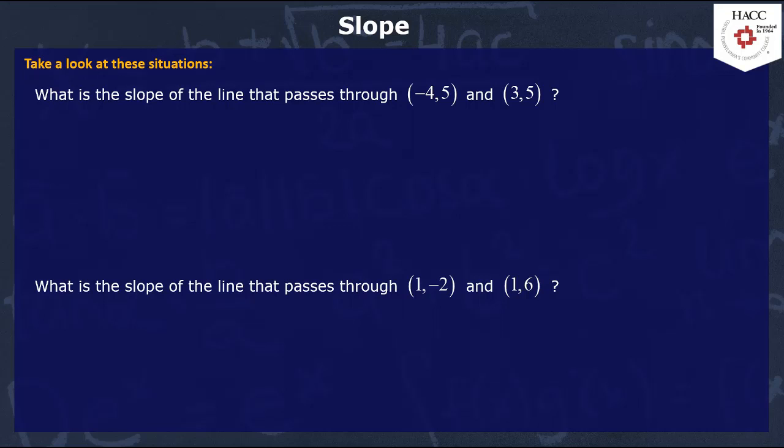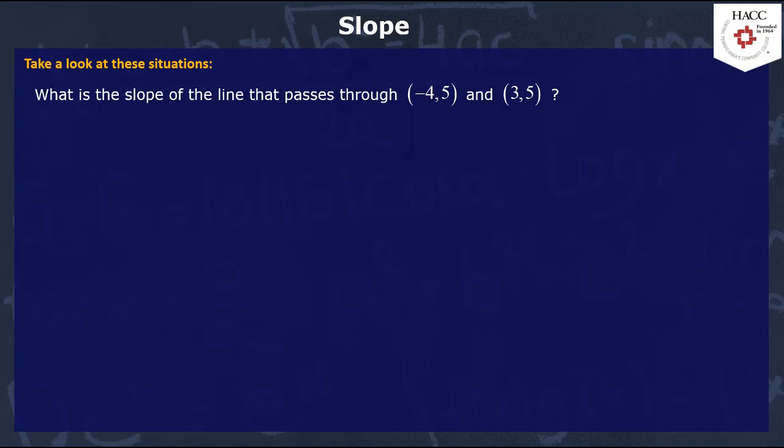So these two are kind of special circumstances that I'm hoping you had a chance to see, because you should have run into some difficulties as you tried to calculate the slope on these. So for this first one, what is the slope of the line that passes through (-4, 5) and (3, 5)?